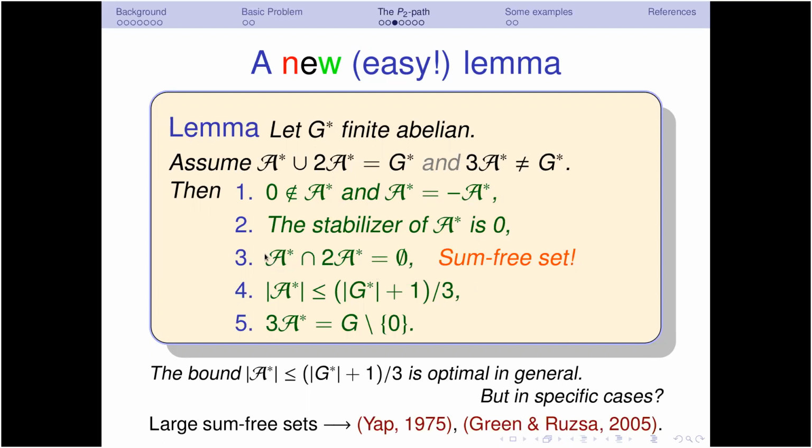They've classified the sum free sets, and they found the largest possible cardinality. In this case, we have some more conditions. So the classification is not exactly the same, though I tend to believe that it will give the same result, but I'm not exactly able to redo the work of Yap and Green and Ruzsa to find that.